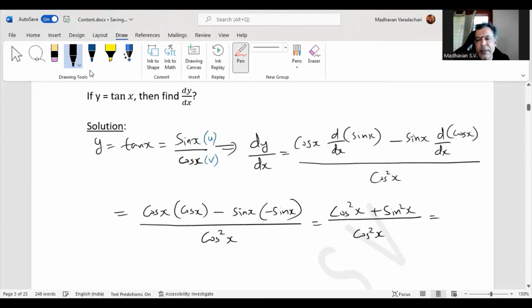Numerator sin square x plus cos square x is nothing but 1 divided by cos square x, and that is 1 by cos x is nothing but secant x. That means this will become secant square of x. So that means the dy by dx of tan x is secant square x.